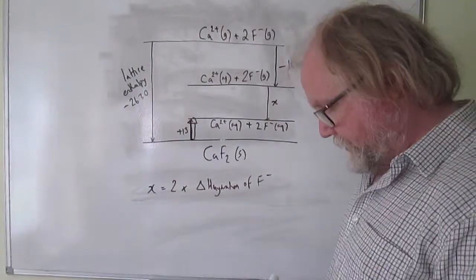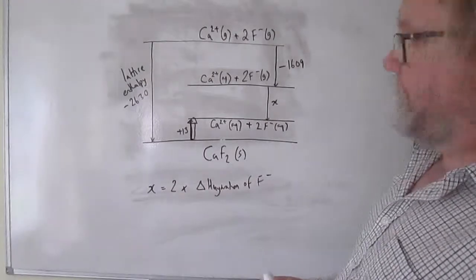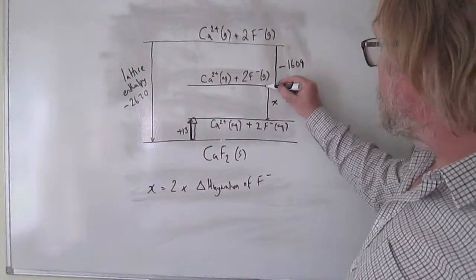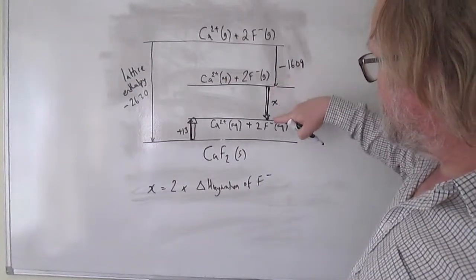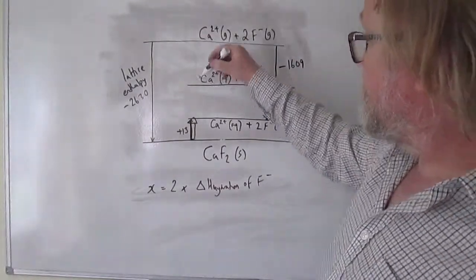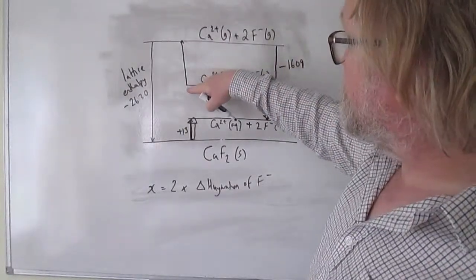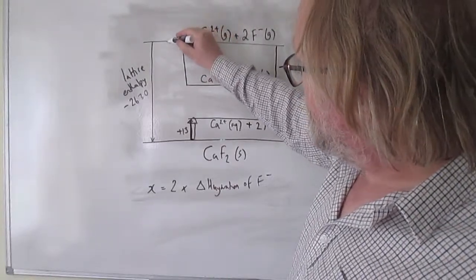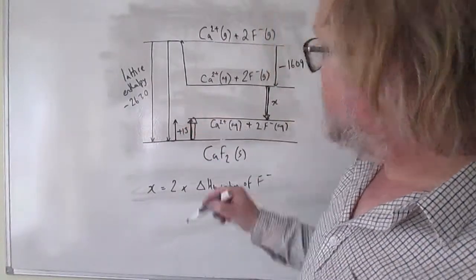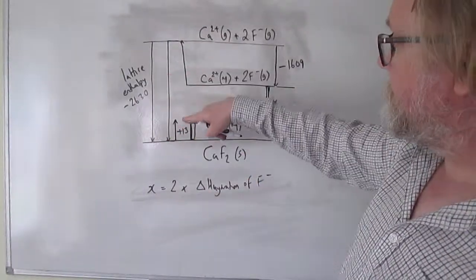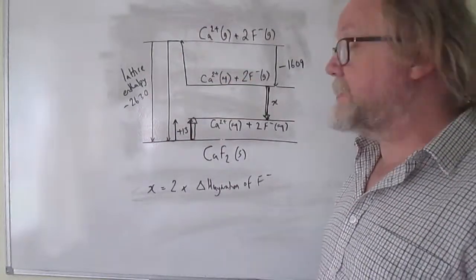So we can now compute that, and remember that the way you do that is by putting together a pathway which corresponds to X, which starts where X starts and which finishes where X ends. So that means that we've got to go up here first, because that's where X starts, and if we go up here and then down to the bottom and then back up again, because the point is we know the numbers for each of those 3 steps, and the sum of the 3 starts here and ends up there, so that's going to give us the right number.